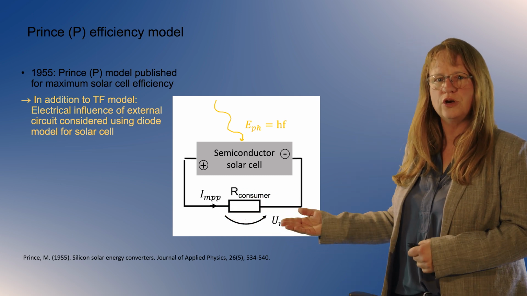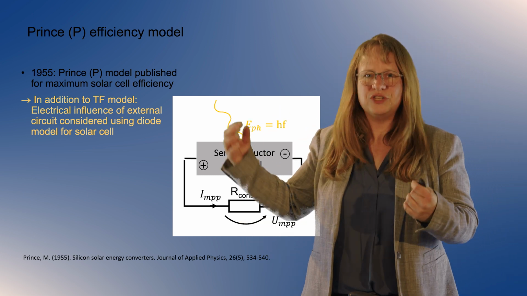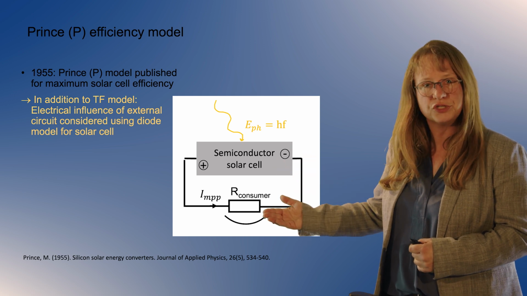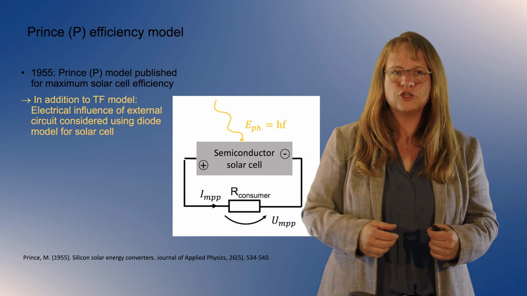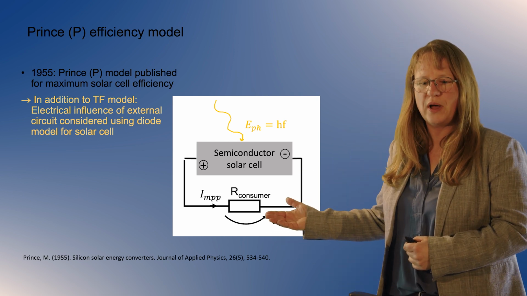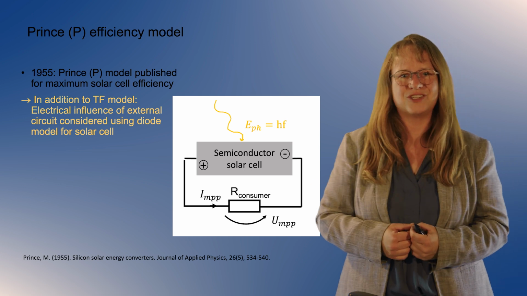So we need to consider that the semiconductor solar cell is connected to an external circuit, and consider the overall efficiency of the power that reaches the load, where we want to use the electricity.